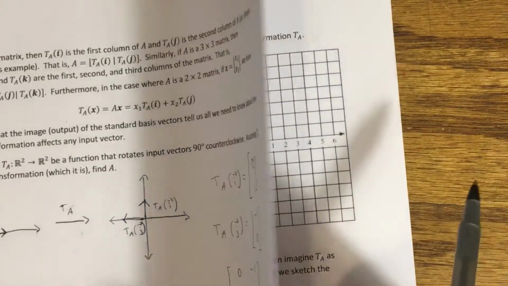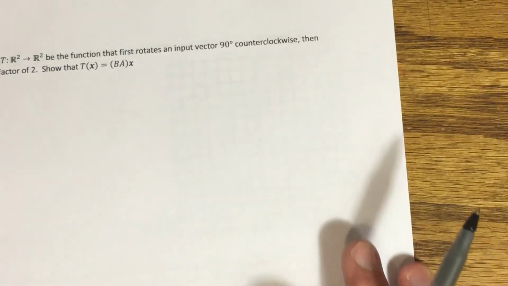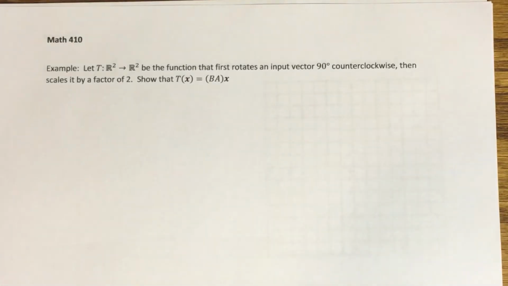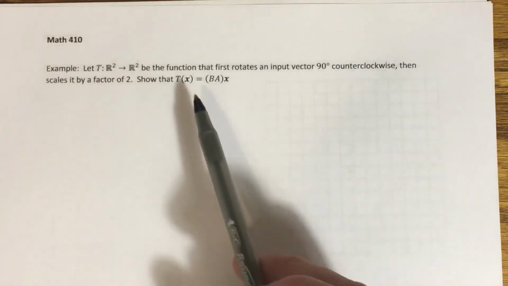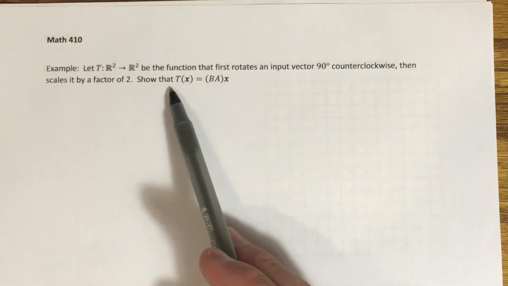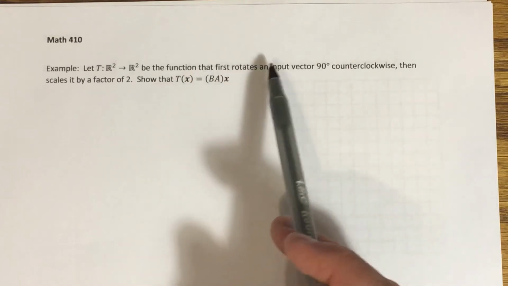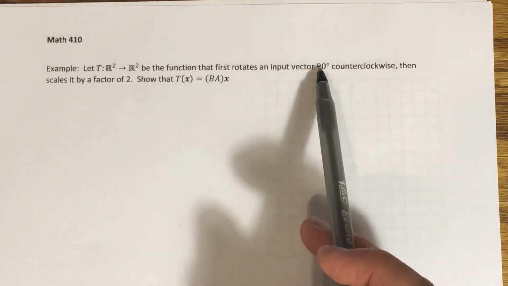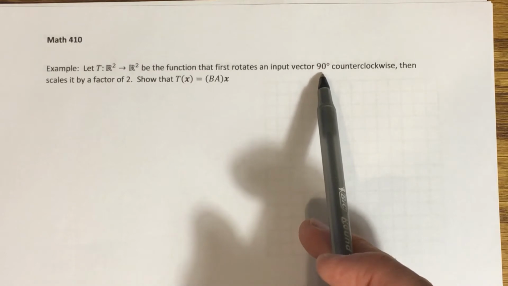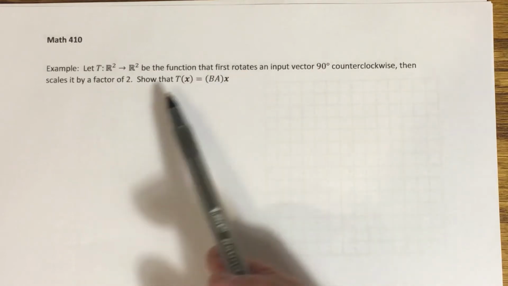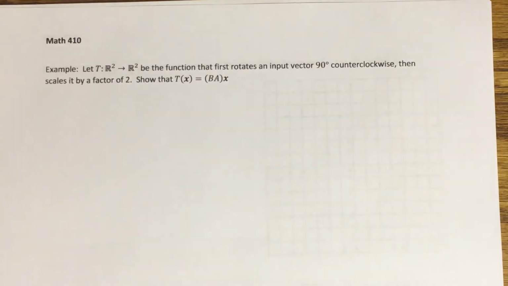All right, now those are two simple transformations, but what if we wanted to do a transformation that combined them? So let's suppose that we have a function that does two things to a vector. You take an input vector and you first begin by rotating it by a 90-degree counterclockwise turn, and then you scale it by a factor of 2.